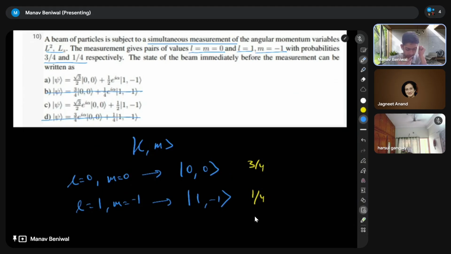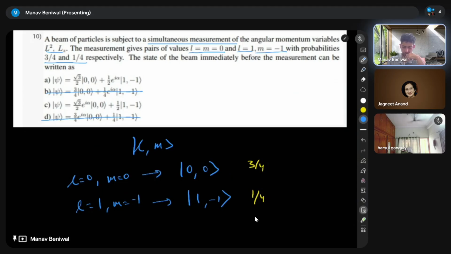Now, what is the difference between A and C? That we have this e to the i alpha factor coming in one case with the second state and in one case with the first state. So which option should be correct? First.